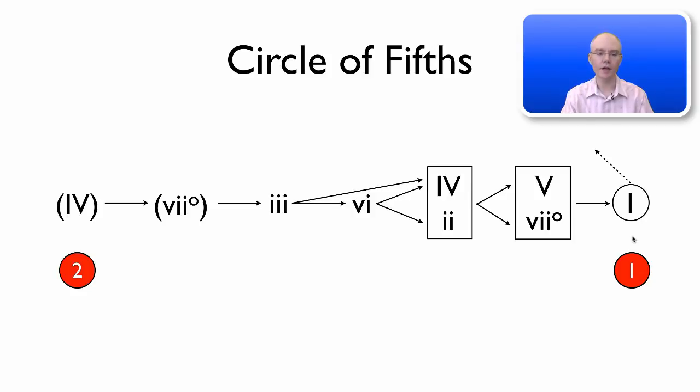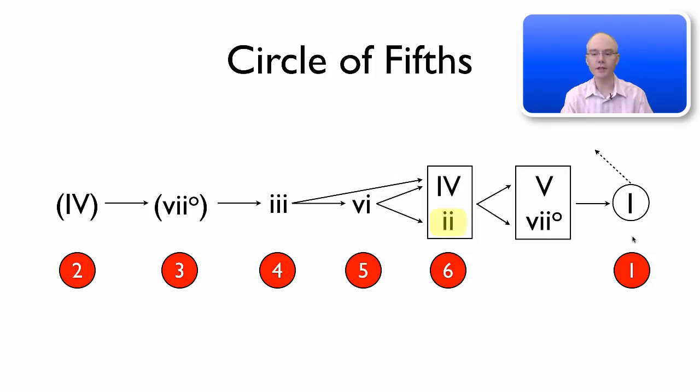We go down a fifth again to the 7 diminished. Down another fifth to the 3 chord, another fifth to the 6 chord. The next chord in this progression is the 2 chord. That's down a fifth from the 6 chord. Down a fifth from 2 is, of course, the 5 chord, which brings us back to 1.